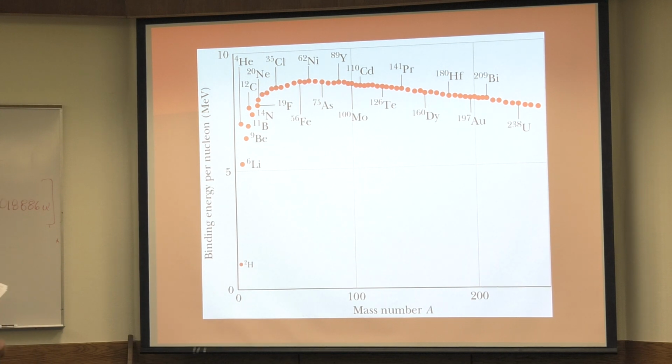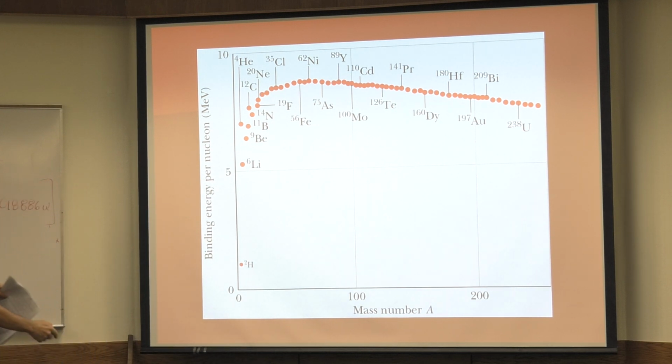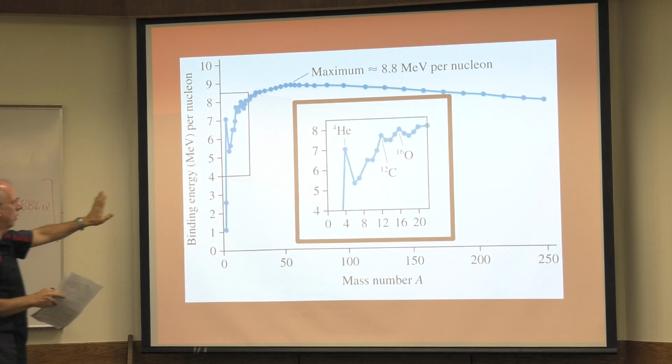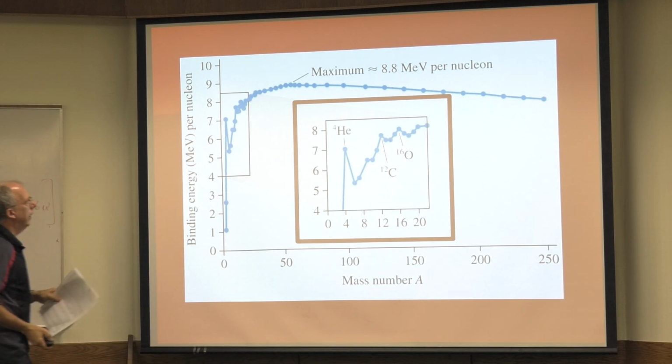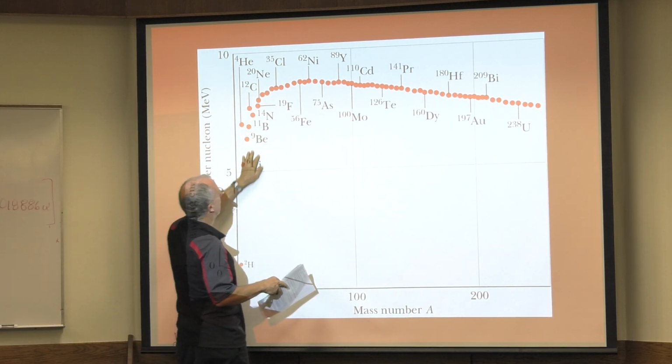They're mostly around 8 or 9 MeV per nucleon. But anyway, let's just look at this particular section of the graph, over here.